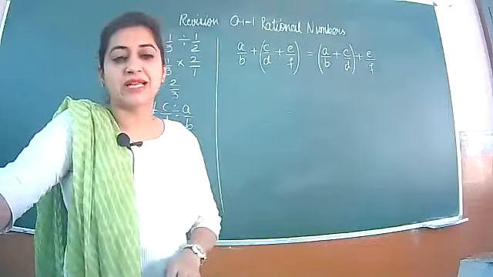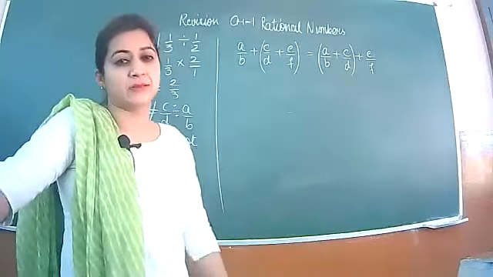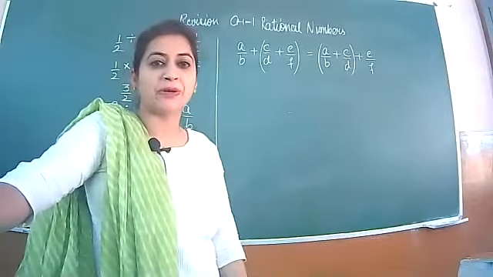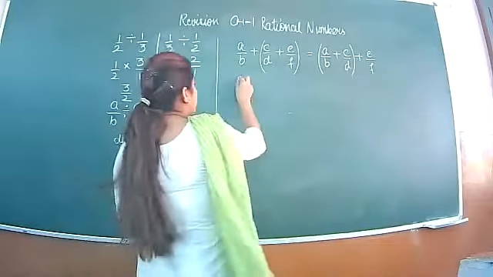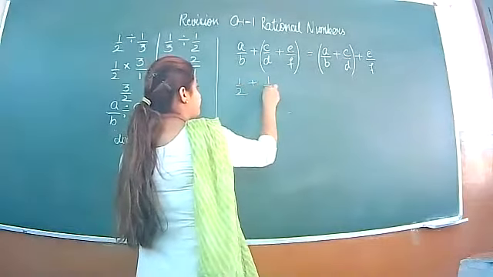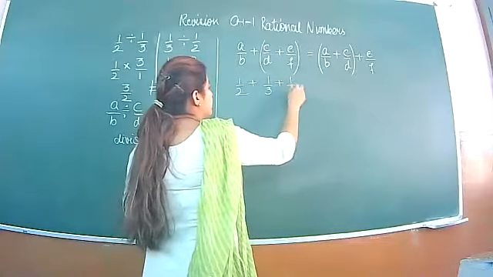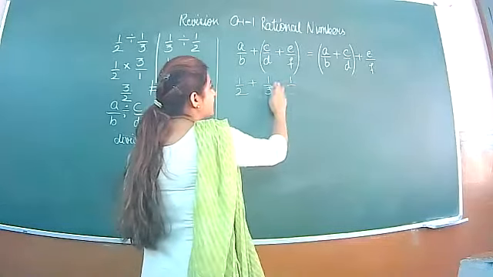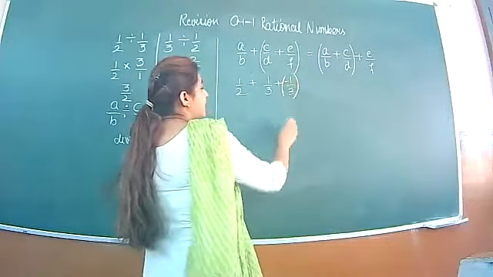So please give one example to justify whether associative property holds for addition or not. You will take 1 by 2, 1 by 3, 1 by 4, or you can take minus 1 by 2.